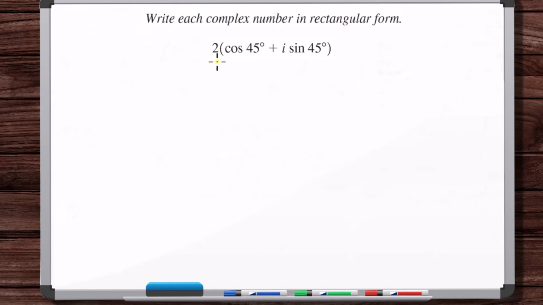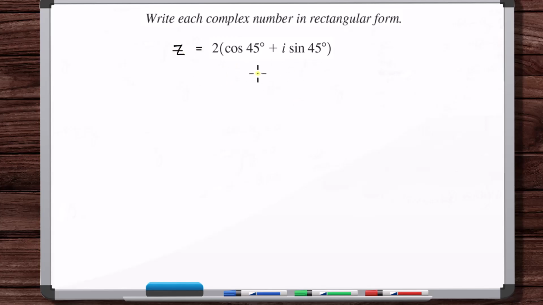Okay, for these problems, we're given a complex number in polar form, and we want to write it in rectangular form. So, again, here's a complex number z, and we just want to convert it from the polar form to the rectangular form.